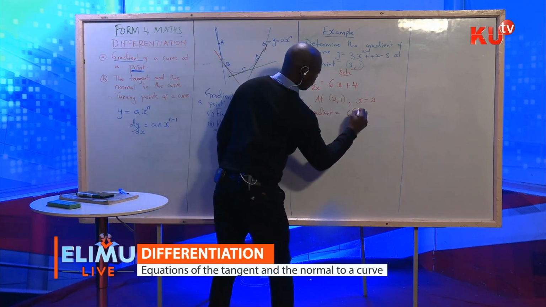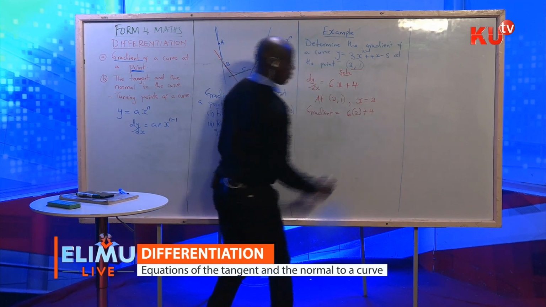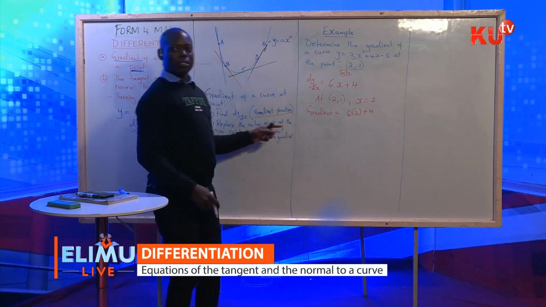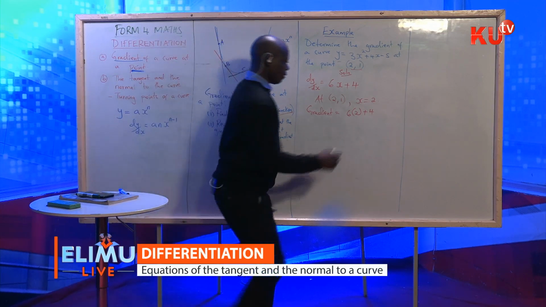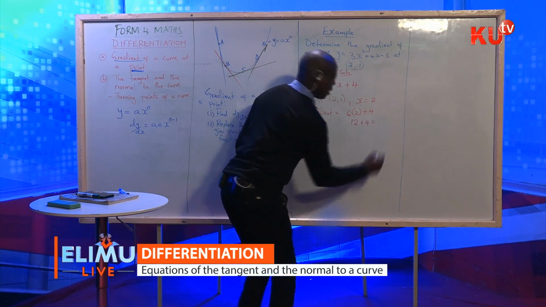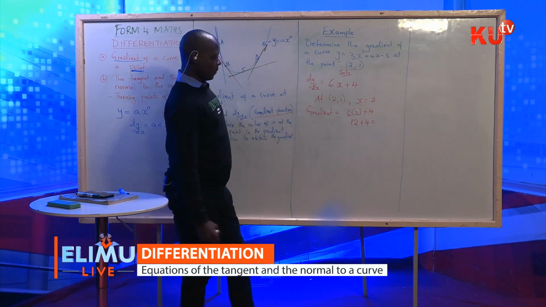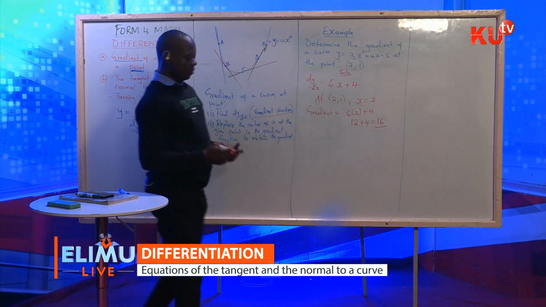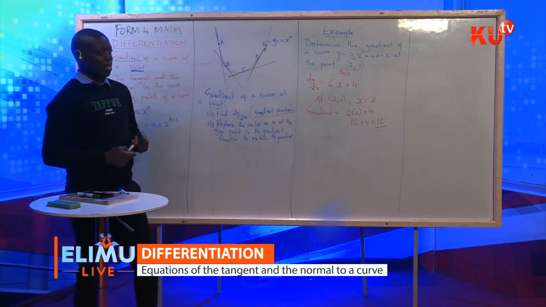So we have 6 times 2 plus 4. What is 6 times 2, students? 12. Add 4, that gives us 16. Good. Our answer is 16.